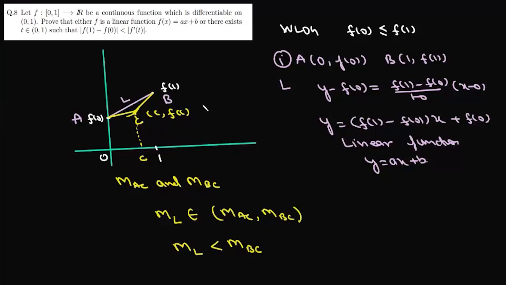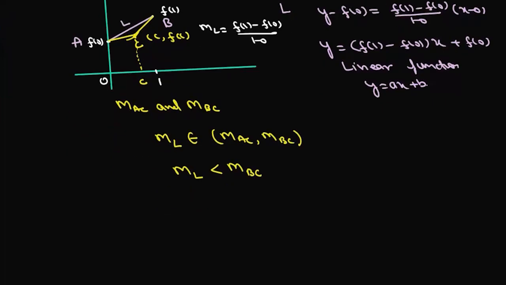So we can write slope of L is less than slope of BC. Now the slope of this line is y2 minus y1, so it will be f1 minus f0 upon 1 minus 0. So we can write slope of BC will be greater than the slope of this line, which is f1 minus f0.